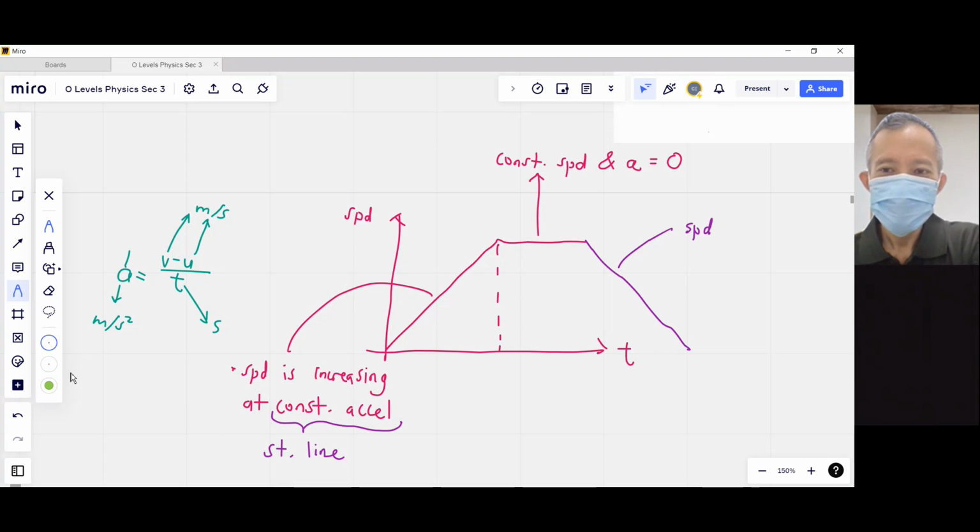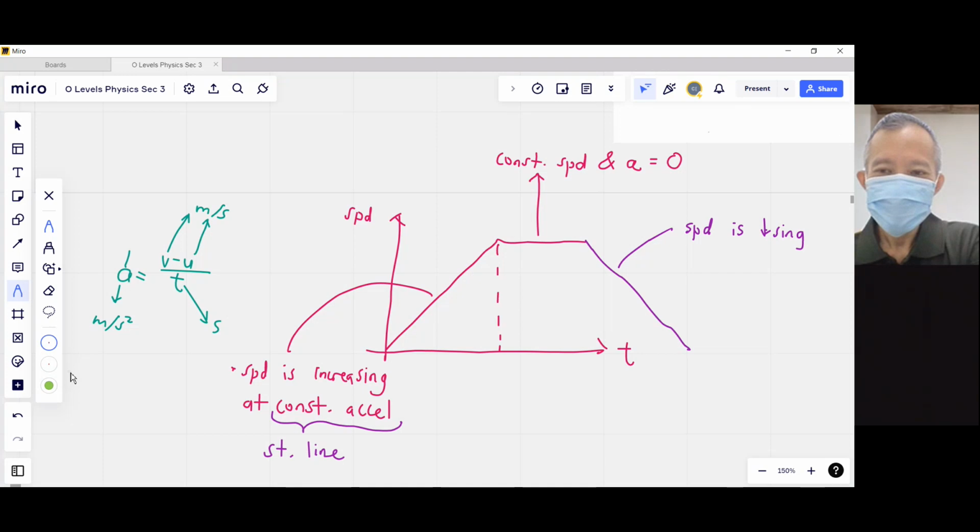Okay, what I mean is, how do you describe the purple part? Deceleration. Okay, then how do you describe the speed? Speed is constant, but it's decreasing at a constant pace.